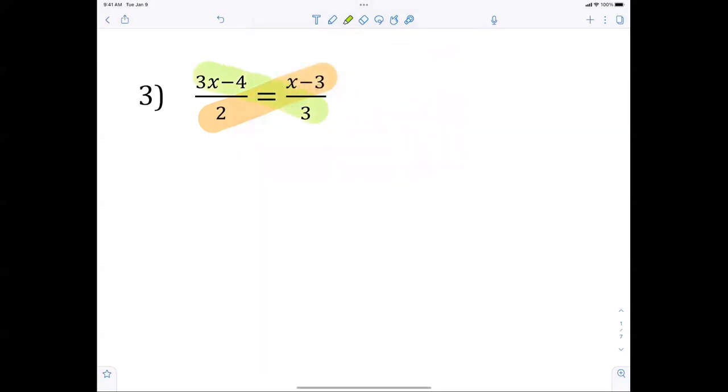We cross multiply. All right. So in this case, I would like everyone to write down 3 times (3x minus 4) is equal to 2 times (x minus 3). All right, that's how you're going to solve a proportion. Cross multiply.